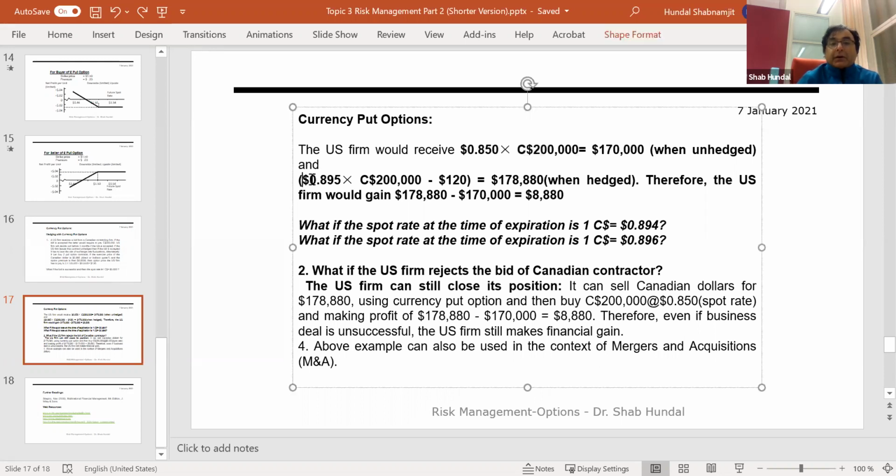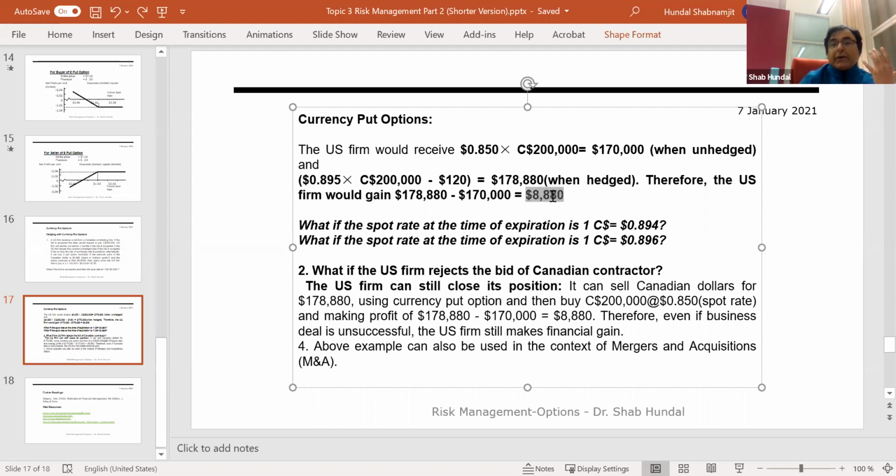But if you are using the put option, then you get not 0.850, but 0.895 multiplied by 200,000 and minus 1.20. Remember, this option premium you pay because you got this insurance. The one who gets insured pays the premium also. So it means that when you get hedged, you get 178,880 American dollars in the domestic currency.